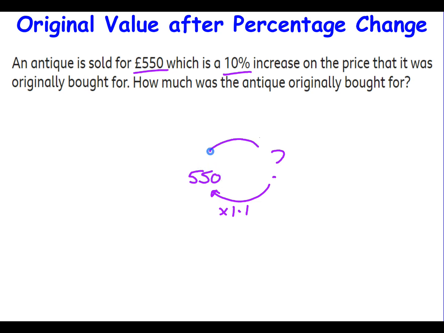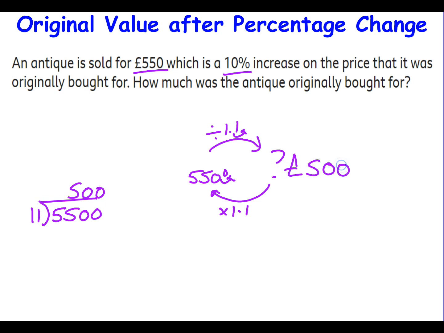So in order to find the original price, we need to divide it by 1.1. Doing this manually, you could do it quickly and easily on a calculator. Doing it manually, move this decimal place one place and move this one place to give you 11 divided into 5,500. 11 doesn't go into 5, but 11 goes into 55 5 times. So the original amount was £500.